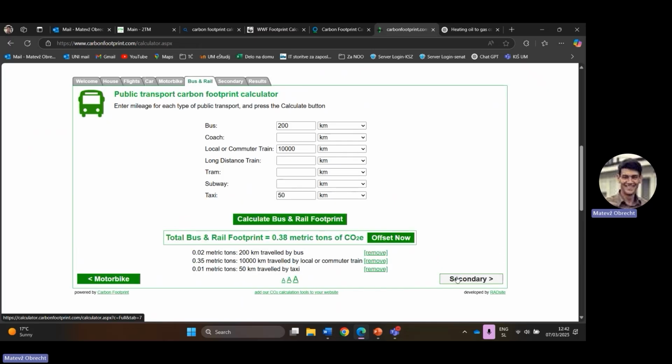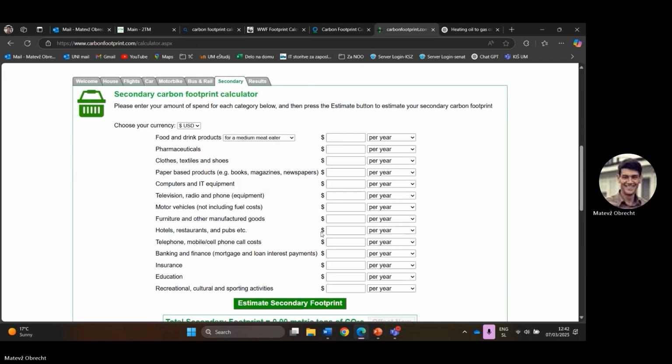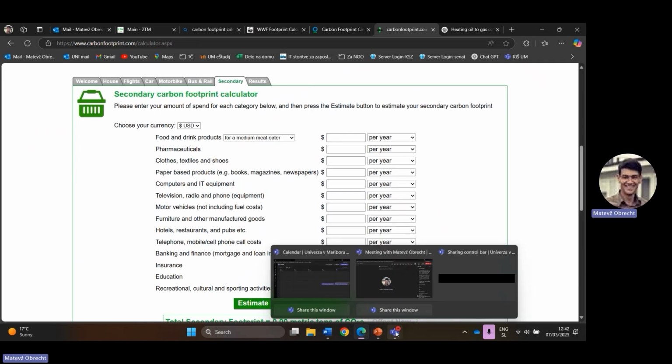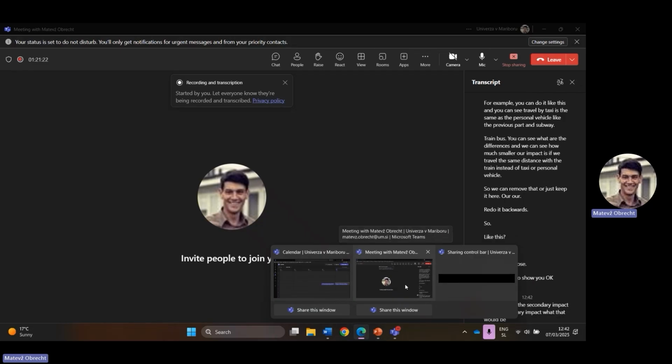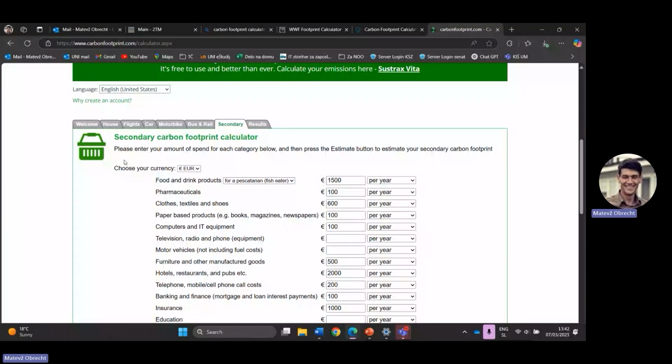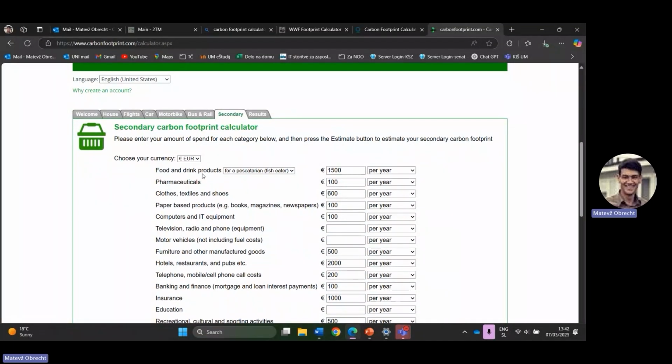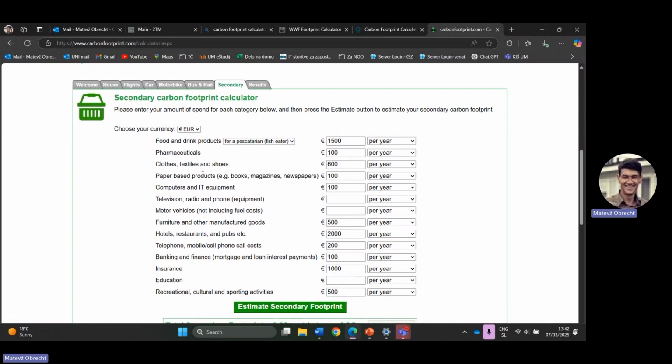Okay, calculation. Then we have the secondary impact. If you continue with the secondary carbon footprint, these are all the relevant categories you can see on the screen, which also cause some carbon footprint.